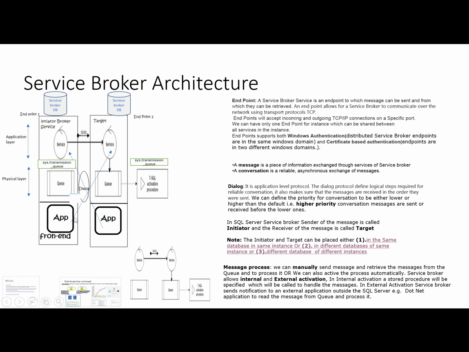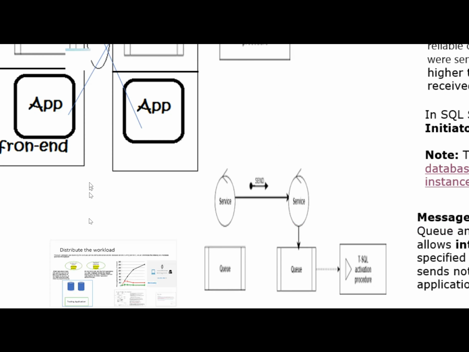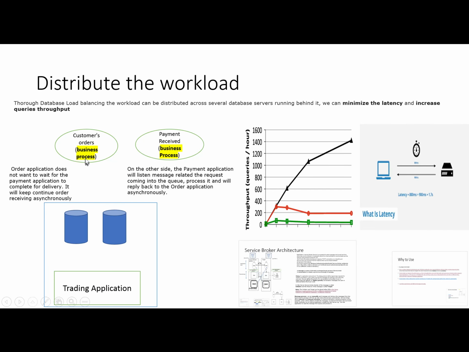And in the previous video, we discussed one example of a trading application where there are two business processes. One is a customer order business process, and the other one is the payment received against this customer order process. Now we distribute this work among two databases, and the order application receiving the order doesn't want to wait for the payments application to complete for delivery.